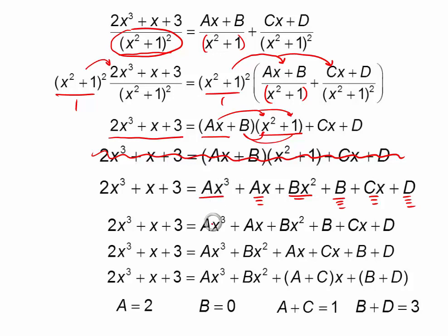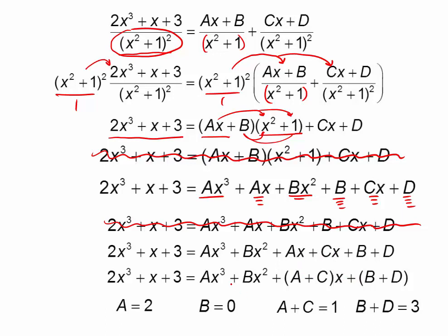So I'll write my ax cubed first, bx squared second, and then ax plus cx for my x terms, and then b plus d for my final constant terms. All right. These are distinct and different, so I don't have to do any factoring there, but I will factor an x out of those two terms.